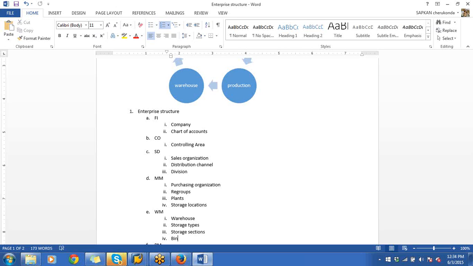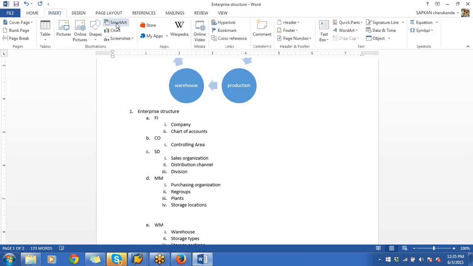When you say inventory management, you do not have warehouse management. If you have inventory management and also warehouse management, you have both of them. Okay, so let us see physically what this is. That way you'll understand more.